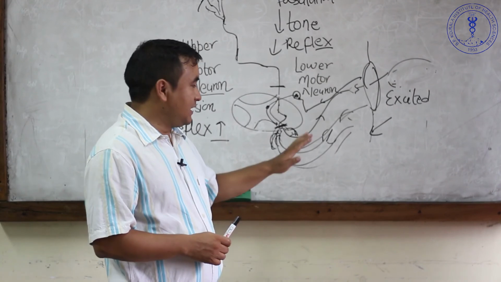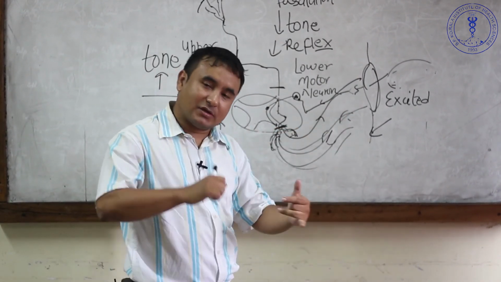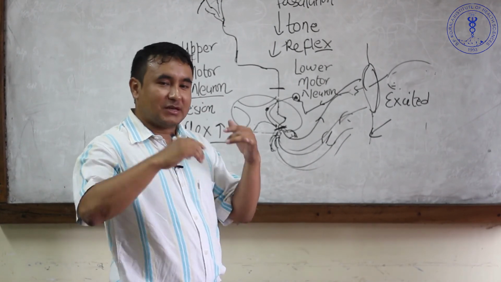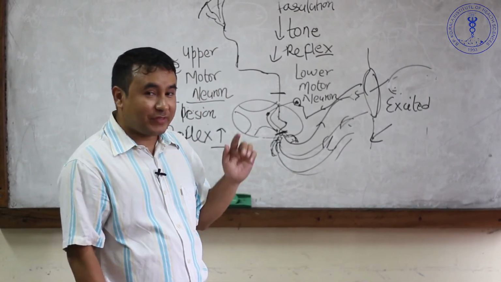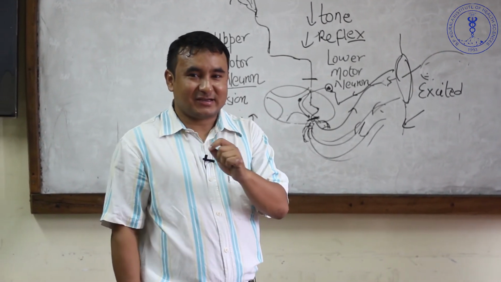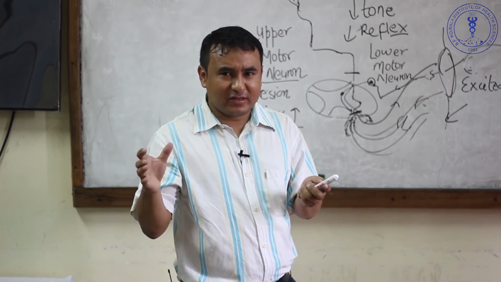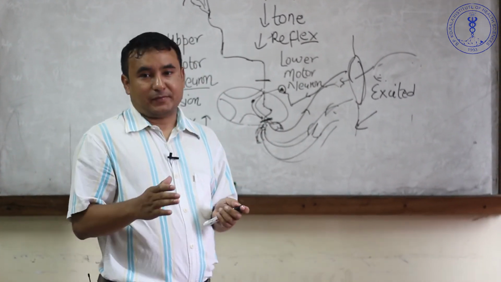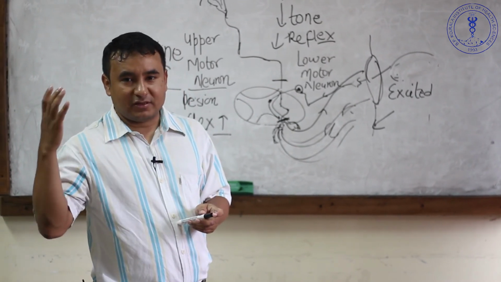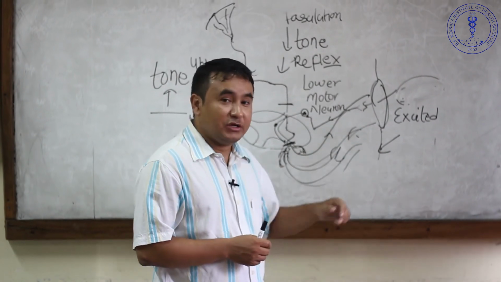And if there is any problem in the lower motor neuron, your muscle is not going to contract, your muscle is not going to get enough nutrients, and because of that your muscle starts getting atrophied, your muscle becomes thinner. Okay, so atrophy and reduction in the bulk of the muscles is a feature of the lower motor neuron.